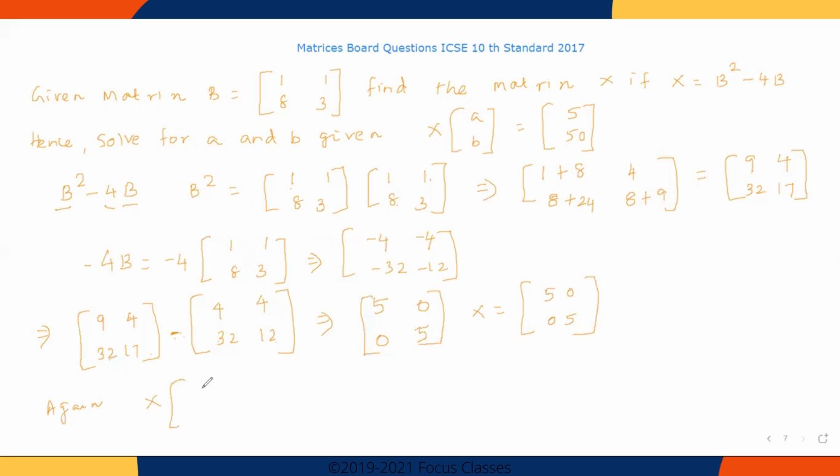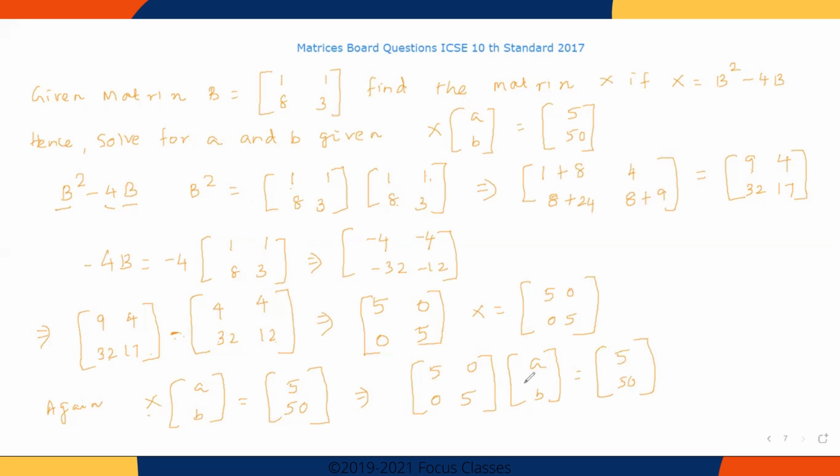Again, X of a, b is equal to [5, 50]. This is given in the numerical. So now we have the value of X. X is [[5, 0], [0, 5]] times [a, b] is equal to [5, 50].